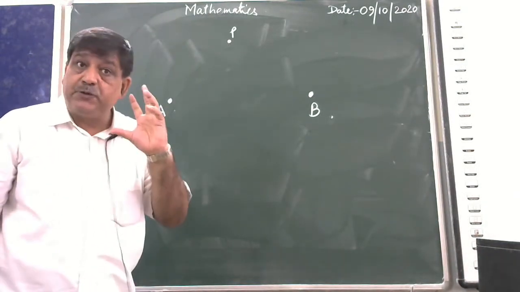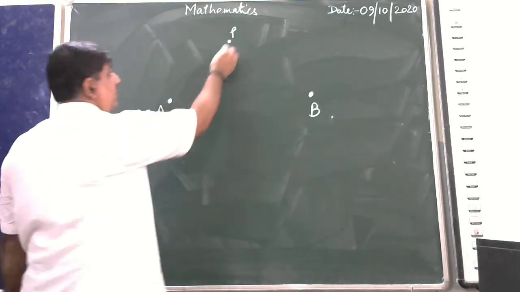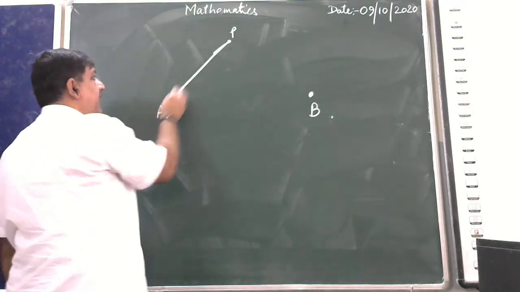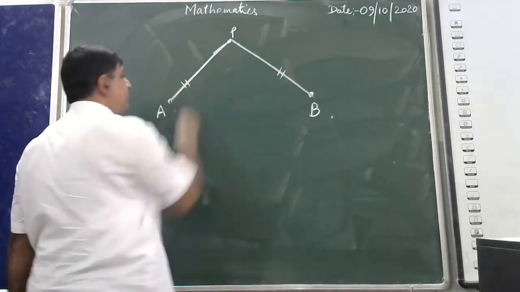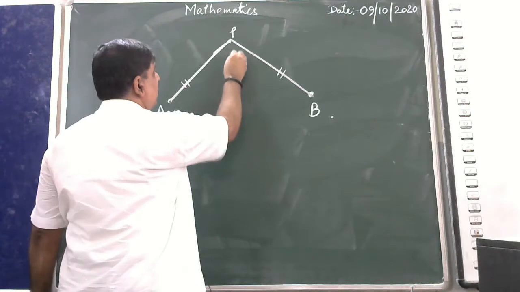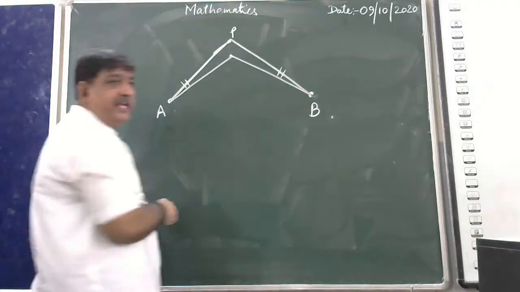You have to imagine, you have to think. So, what to do? If you join PA, and if you join PB, this PA is equal to PB. Now, let us take one more position of this point P here. Again, you find that these two lengths should be equal.